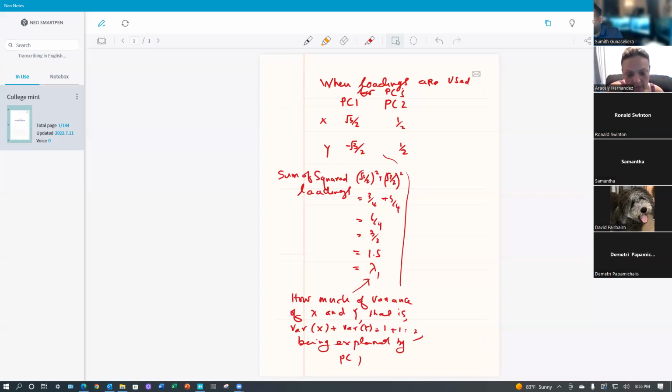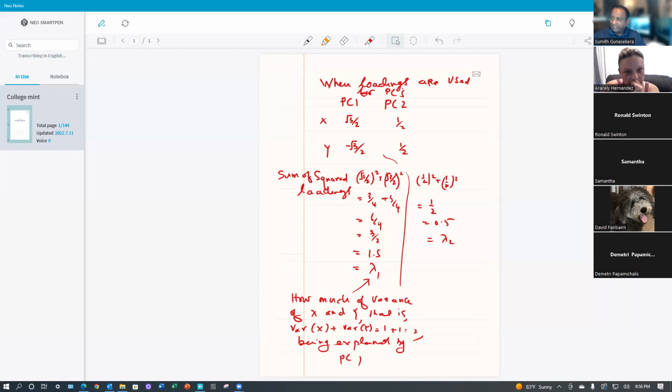Now you have to go further and say, I want to tell this as a proportion. Can I tell that? Yes. If you do the same thing for this one, you get 1/2 squared plus 1/2 squared, which is 1/4 plus 1/4, so 1/2, which is 0.5. That is lambda 2. In a similar fashion, that's how much of x and y is being explained by PC2.